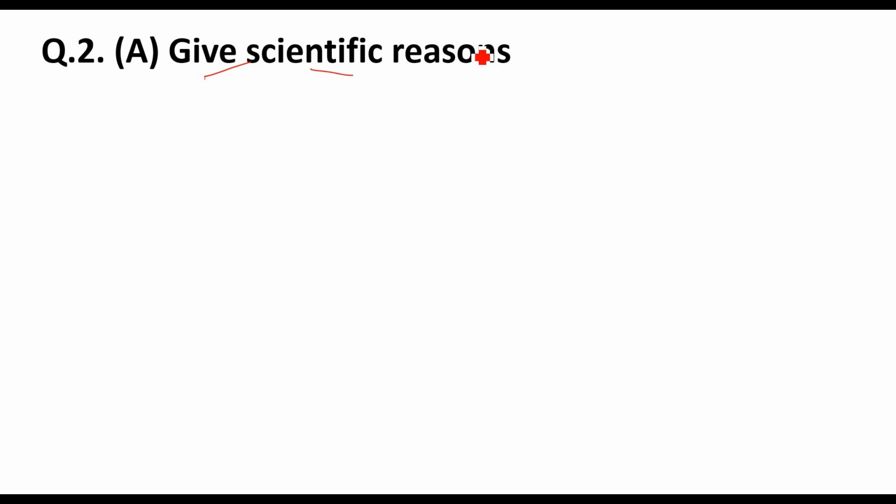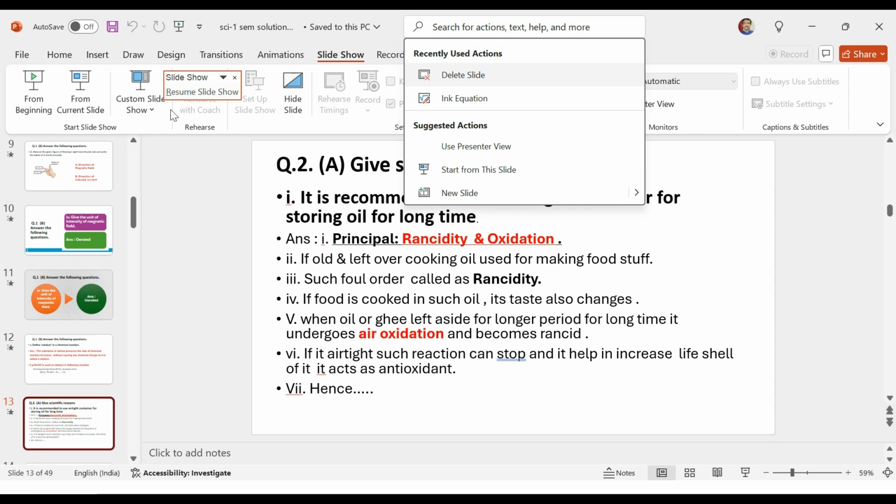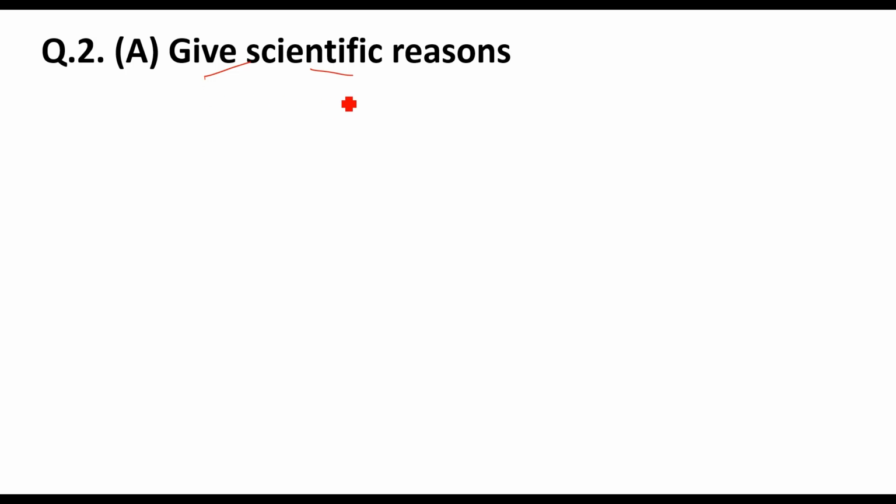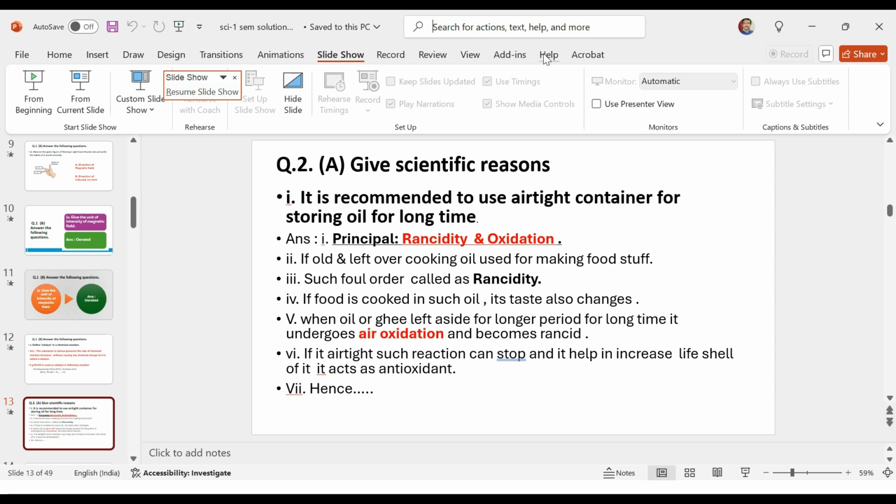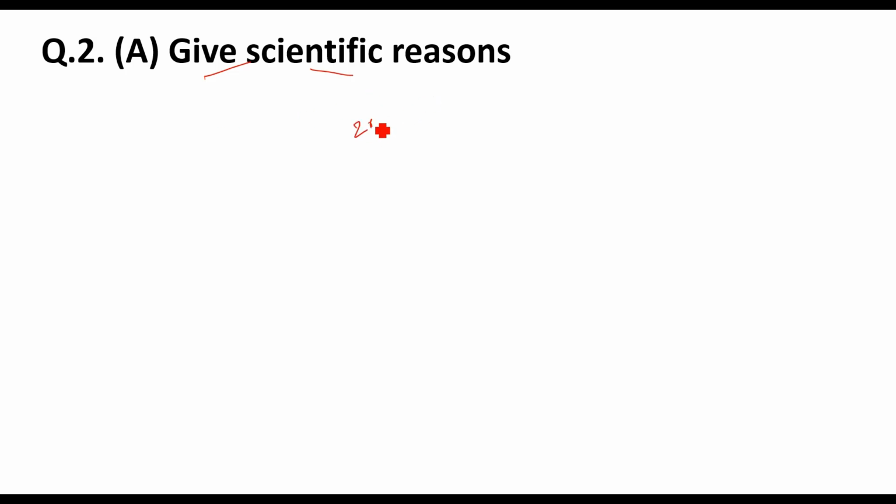Whenever a question is asked based on give scientific reason, we have to keep in mind that this question carries 2 marks in total, and the distribution of the 2 marks is 1 mark for the principle and 1 mark for the explanation of that particular statement.